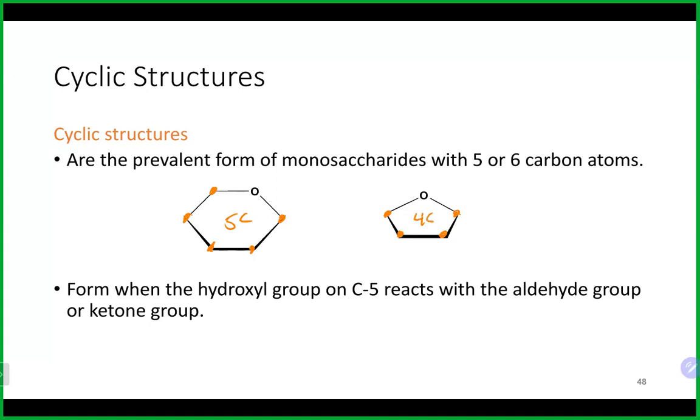So when we draw these in their cyclic form, it's going to end up in one of these 2 rings. We're going to talk about how to put everybody on there in a second. For example, a lot of times this will occur from your last chiral carbon, which if you have a hexose, will most likely be at carbon number 5.